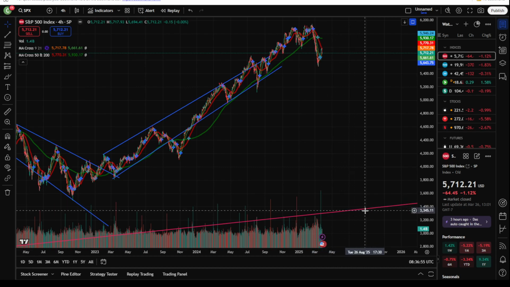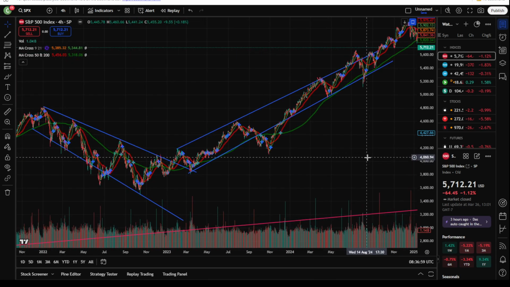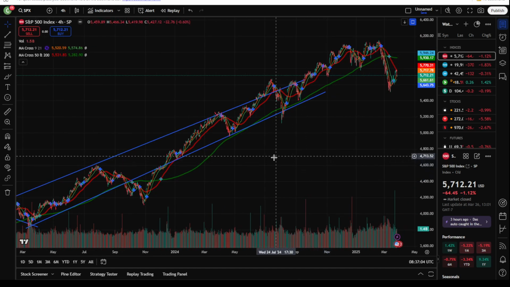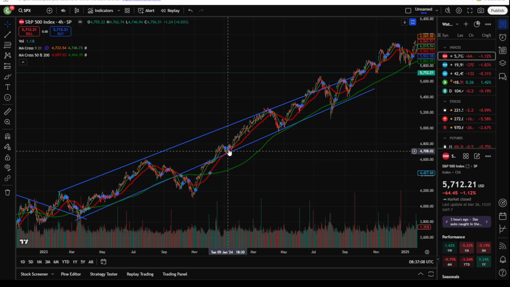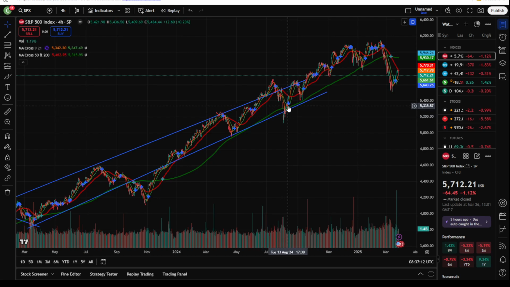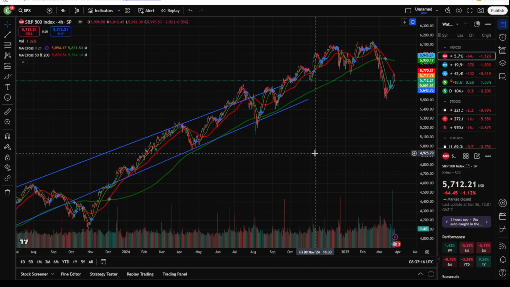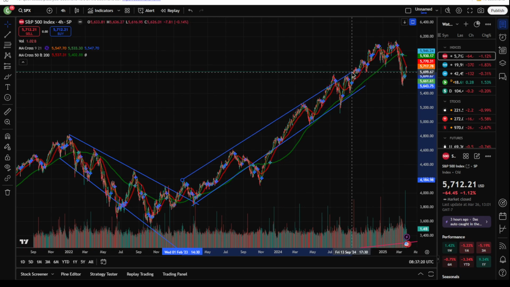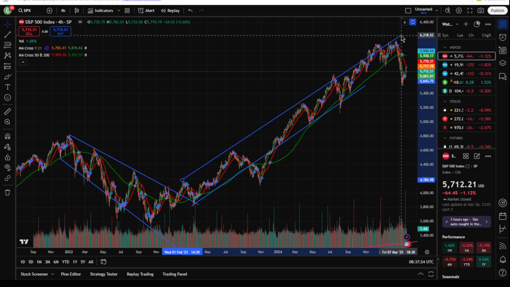But people call this the God line, the OGs that have been in it for a while. They have that drawn out too. But anyway, the reason why I have that drawn out is because of this here, tap, tap, tap, tap, tap. Right, another tap here, went below it for a little bit, but came back up into it, et cetera, et cetera. Okay, I'm gonna make this a little bit more updated.